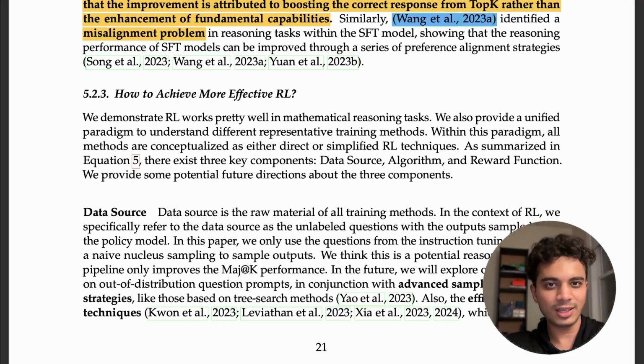These are all the different things that I have to give a lot of my time to. So knowing how to achieve more effective RL is definitely important if you want to get into the RL domain.